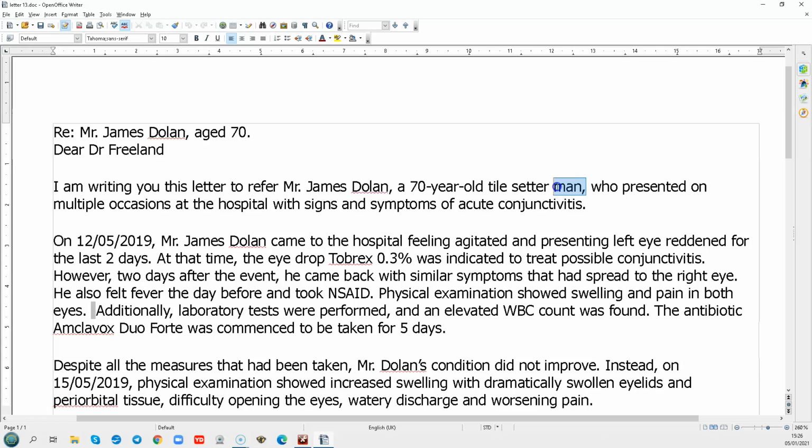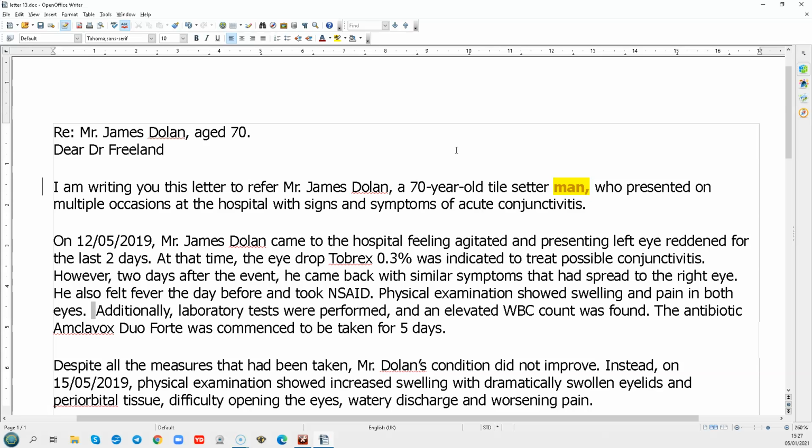Now, a man, well, I can see that he's a man. If he is 70, is he really still going to be working as a tile setter? Wouldn't he be retired at 70? Surely, he'd be a pensioner. Now, usually when introducing a patient, it's name, age, occupation.